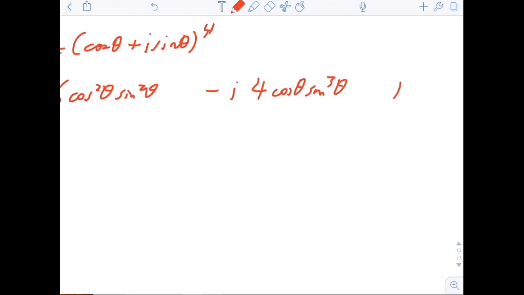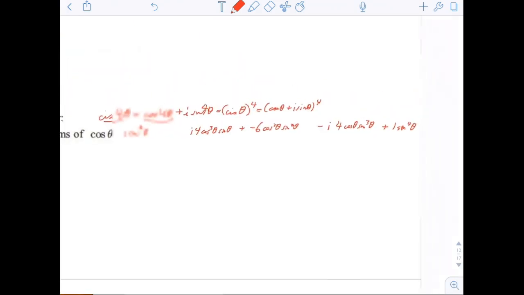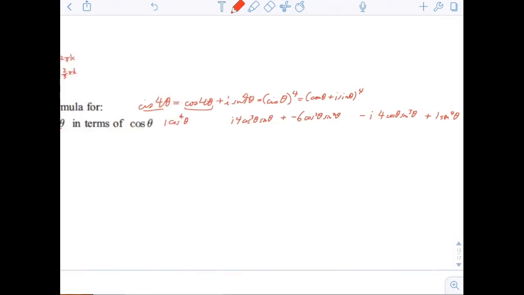And then finally, there would be the cosine to the 0 power, and that would be sine to the fourth theta, and that would be negative i times i, which would just be positive 1. So that is my expansion.